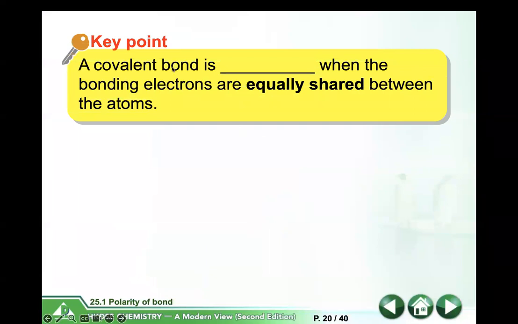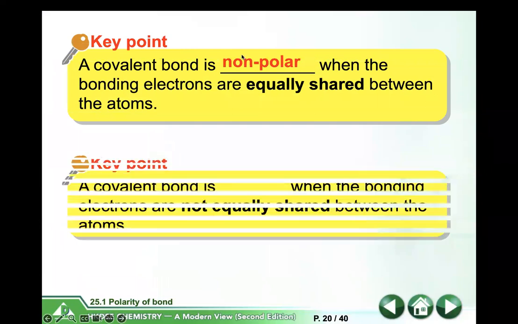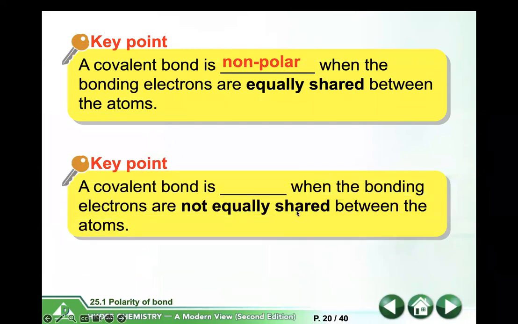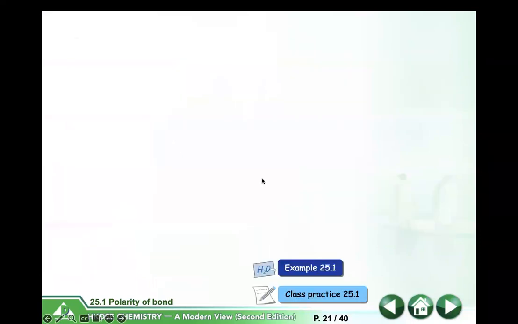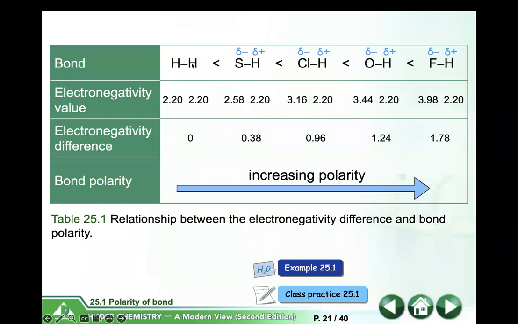So that's why a covalent bond, if the bonding electrons are equally shared, should be non-polar, while if they are not equally shared, the covalent bond starts to be polar. When we read the table, you will find that when the atoms are identical, hydrogen and hydrogen, there is no electronegativity difference, so it is non-polar.